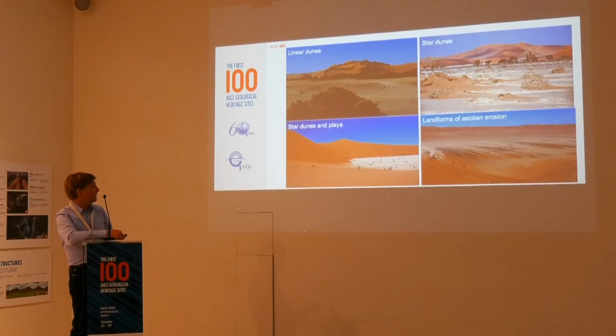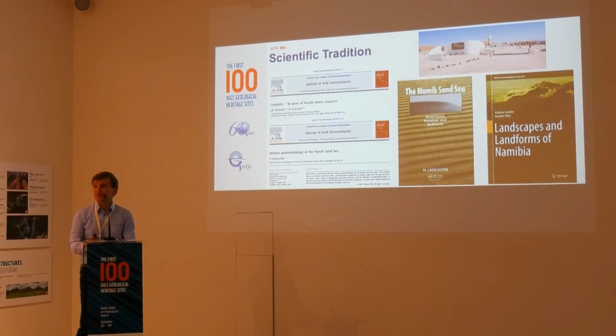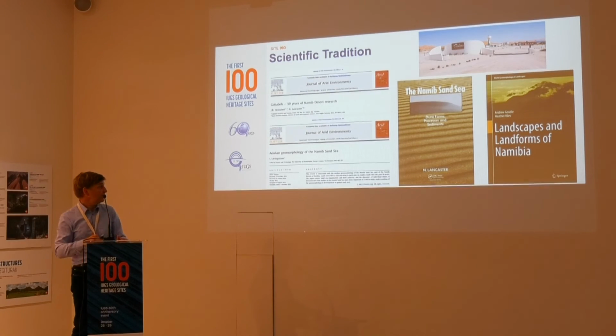The scientific tradition cannot be very long, and as I said, it was only the advent of the satellite imagery that allowed the scientists to fully recognize the potential, the diversity, the beauty of the Namib Sand Sea.